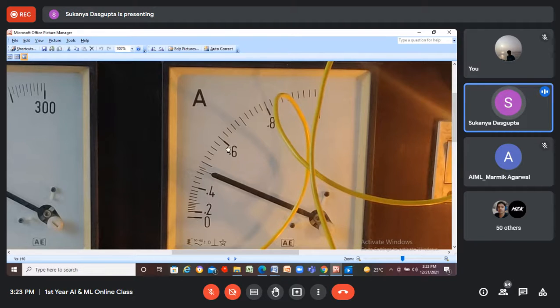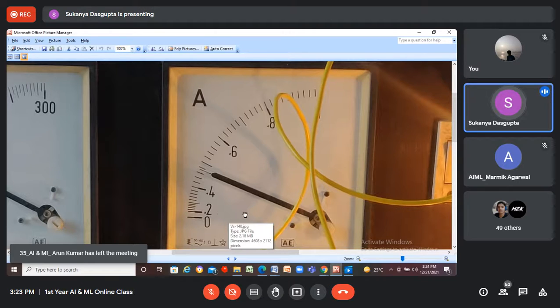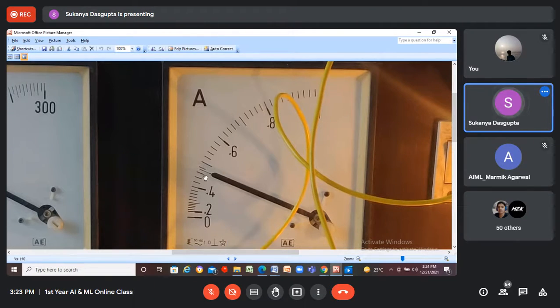But since we are observing all these readings virtually, we are observing only the screenshot, that's why a little bit of error we have to consider. But it is actually at 0.47. If you look from the top, you will see the pointer is exactly at 0.47. But leave it. You just note down the value you are observing virtually from this window.